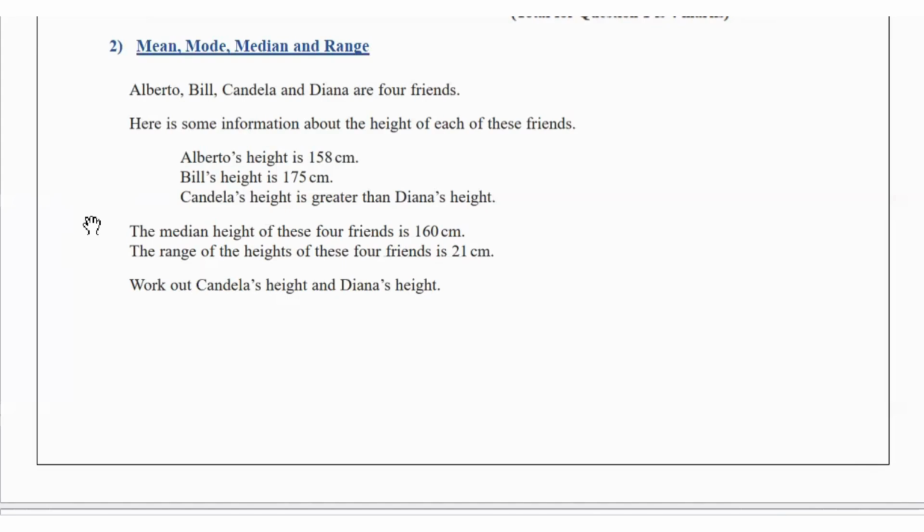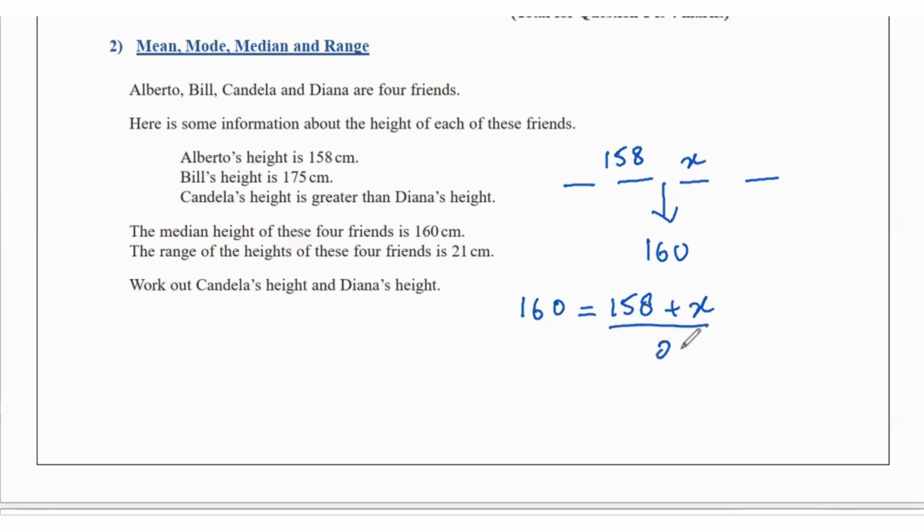So for this, let's first make 4 spaces for the heights. They're saying that the median height is 160. So that means 160 is going to be between the second and the third height. So we have 158, 175 given. Let's assume that 158 is over here. So if 160 is the median, 160 would equal 158 plus x, x being this height, divided by 2.